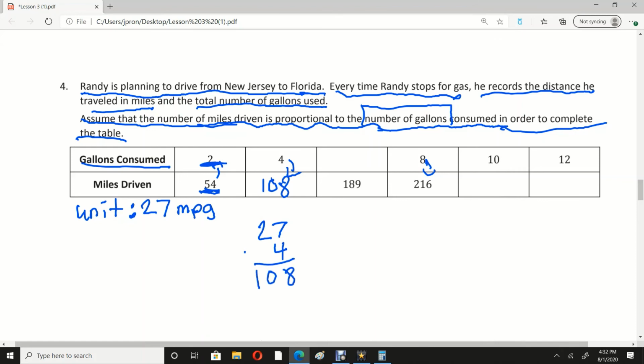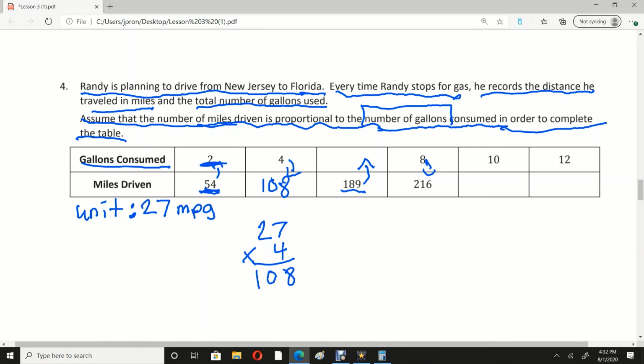108. Very good. All right, but what about right here? So in this stop, he stopped at 189 miles. So already, I don't think that's going to divide perfectly, is it? But we'll find out. How could we have calculated the gallons? I think I gave it away.